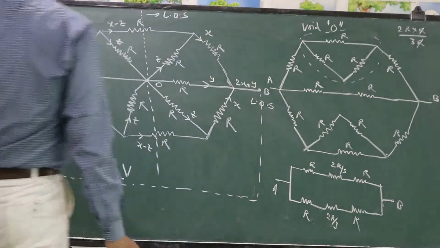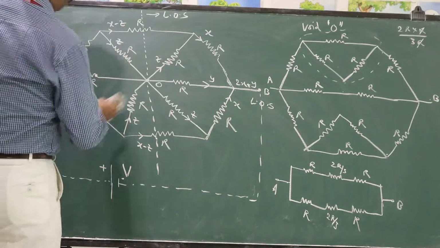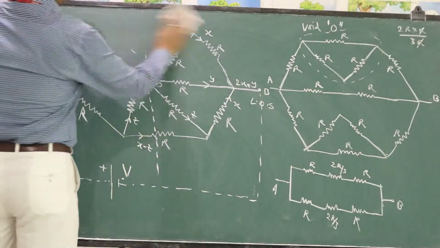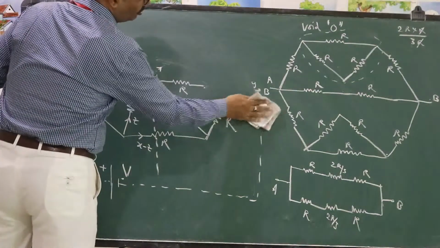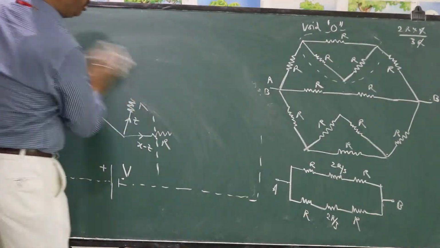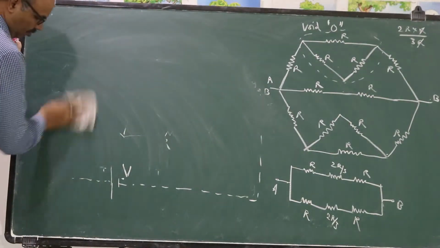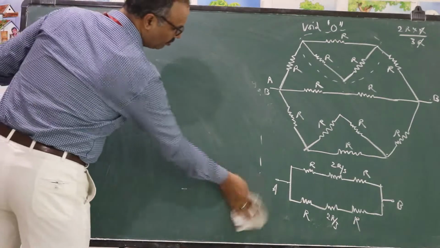So if I take the effective resistance in the upper branch, effective resistance in the lower branch, what will happen?